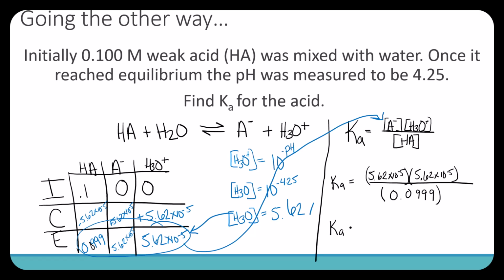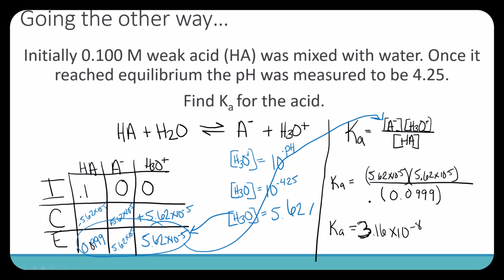So plug this into our calculator and chug our way through it. 5.62 times 10 to the negative fifth times 5.62 times 10 to the negative fifth divided by 0.0999, and we get that Ka equals 3.16 times 10 to the negative 8.